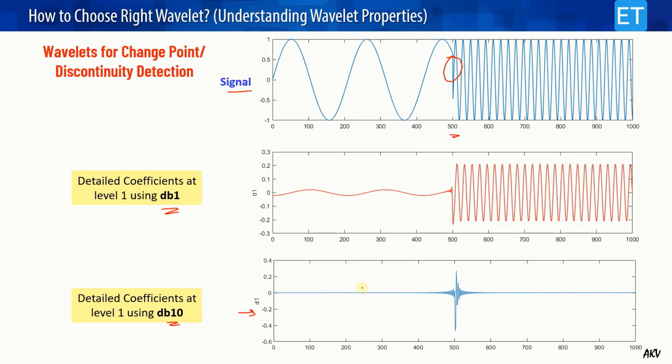You can see that this is a very good representation to know that something happened at 500, in comparison with this one. So obviously it shows that you should choose wavelets with more vanishing moments for such discontinuity detection.